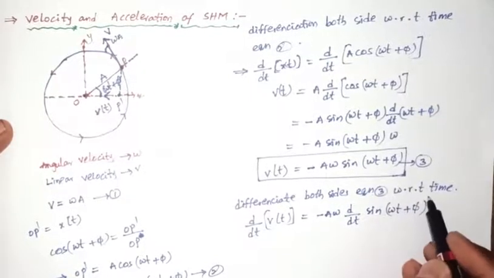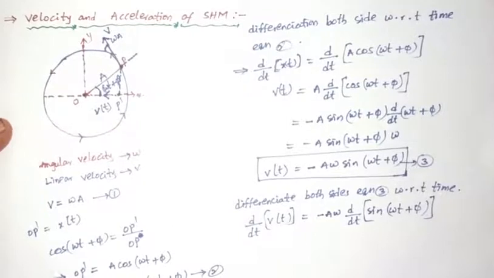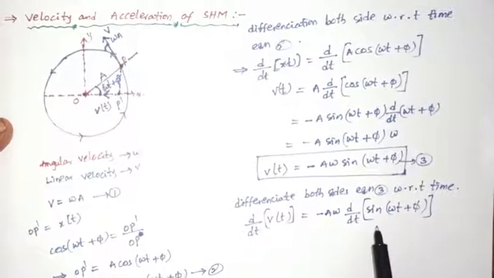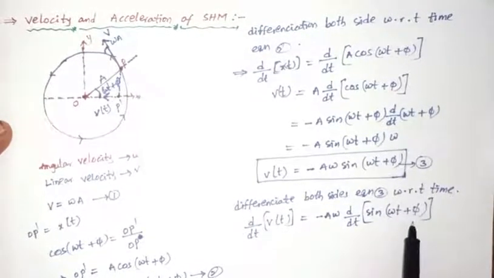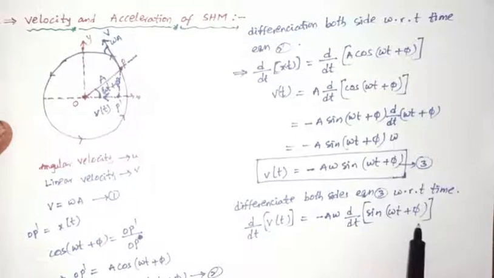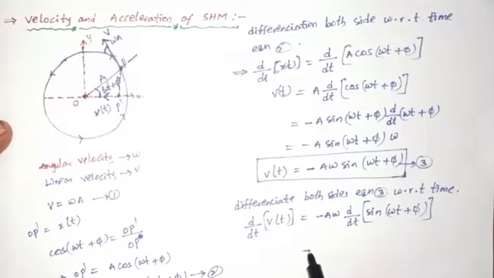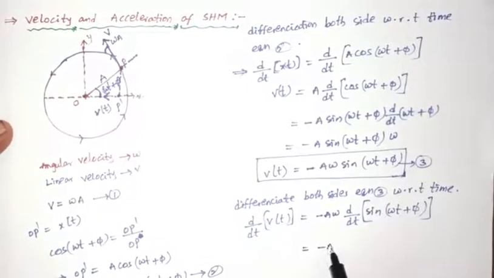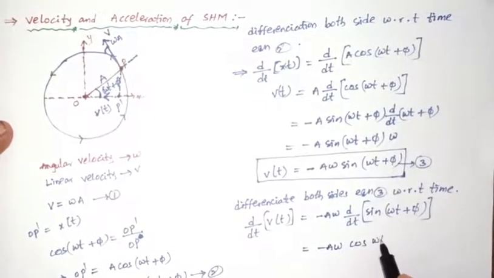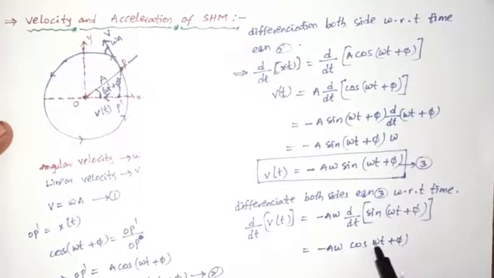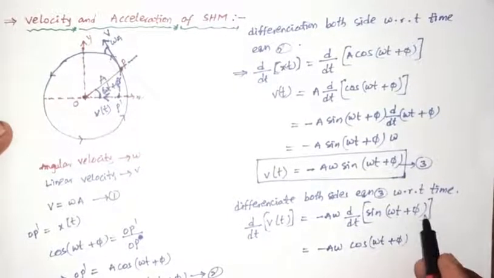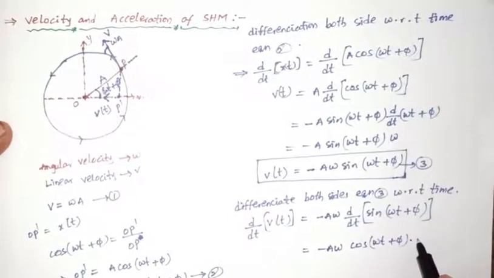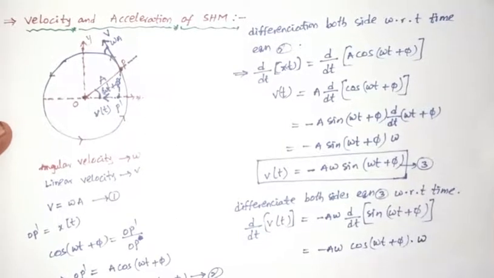So that equals minus A omega cos omega t plus pi, and again the differentiation of omega t plus pi gives omega.